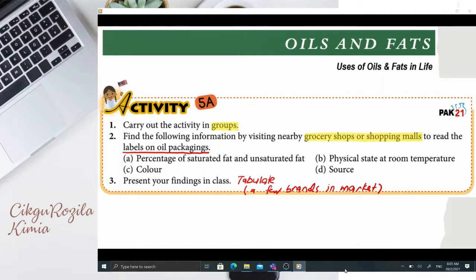So, awak bandingkan antara minyak kelapa, minyak olive, okay, minyak zaitun dengan minyak apa lagi yang ada kat pasaran yang selalu ada tu? Minyak palm oil, minyak kelapa sawit. Okay. So, awak bandingkan beberapa jenis daripada beberapa brand jenama. Cikgu nak tengok awak buat tabulation of data, the percentage of saturated fats dengan unsaturated fats.